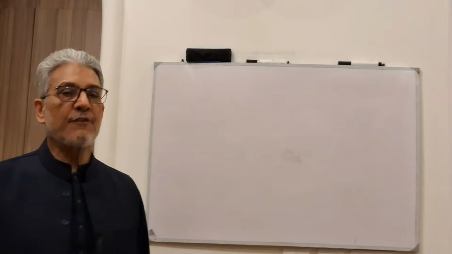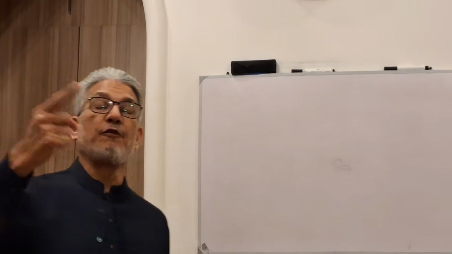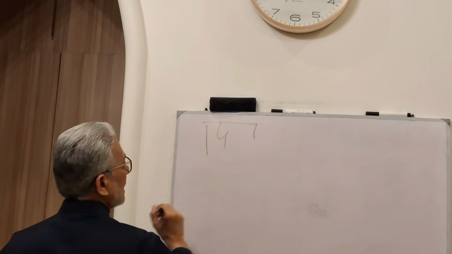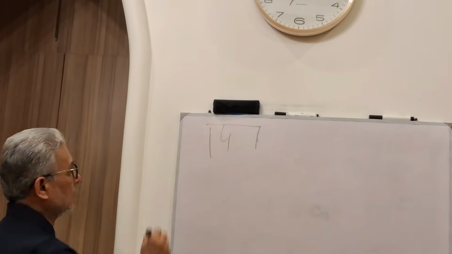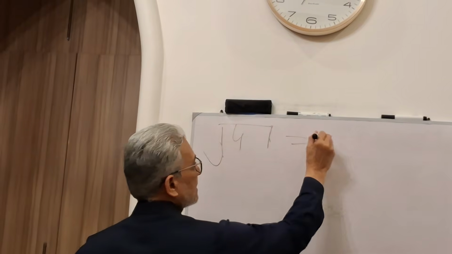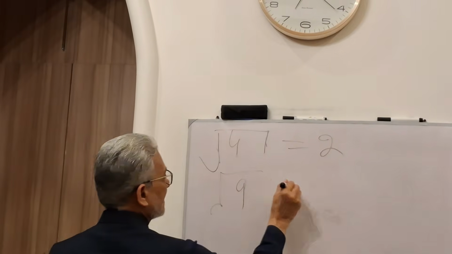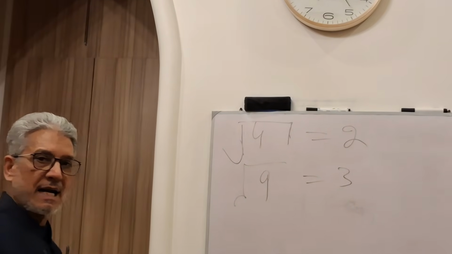In what kind of numbers do you get these? In perfect squares. When you take the square root, you will get a whole number. You don't get a fraction or decimal. Like, if you take the square root of 1, the answer is 1. The square root of 4, the answer is 2. The square root of 9, the answer is 3. 3 threes are 9.